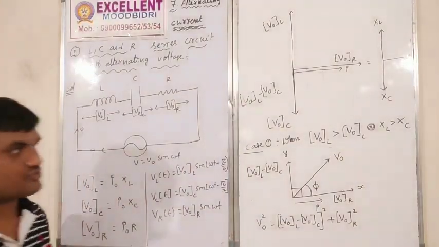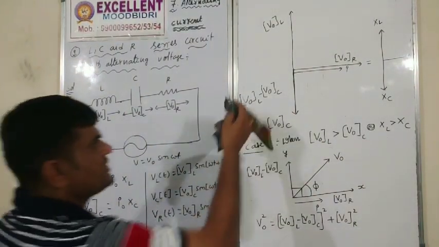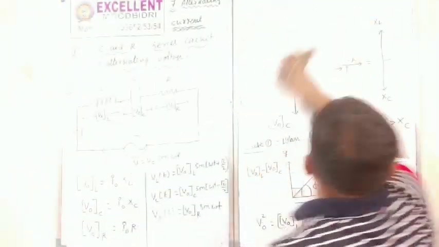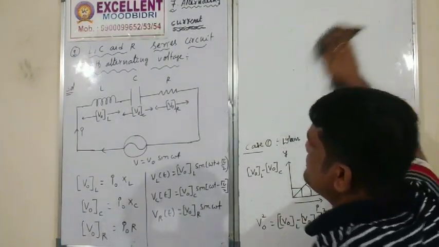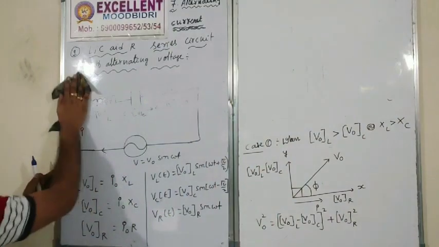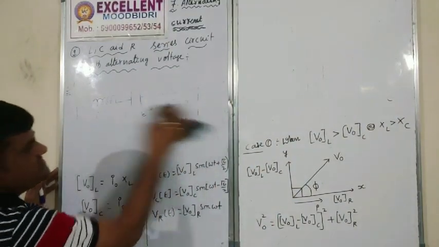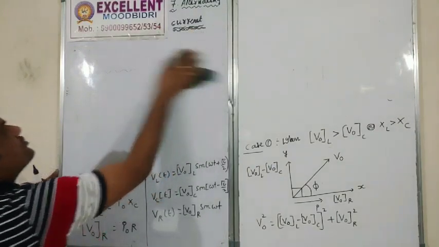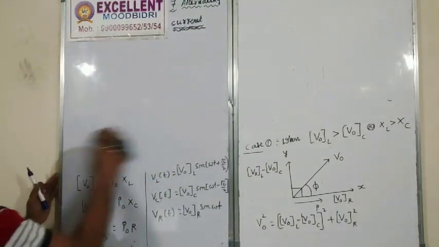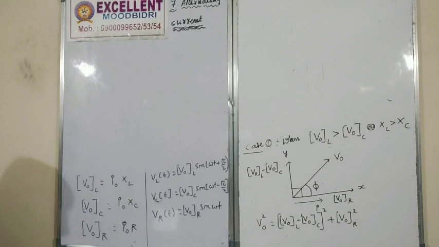Correct? Then next. I can rub this diagram, not required. These values are required, but this diagram is not required. So this question name also not required. I want some space. Okay. So now what would happen?